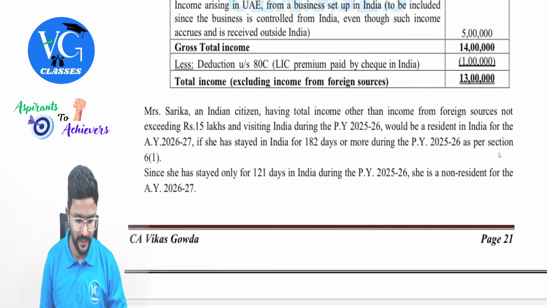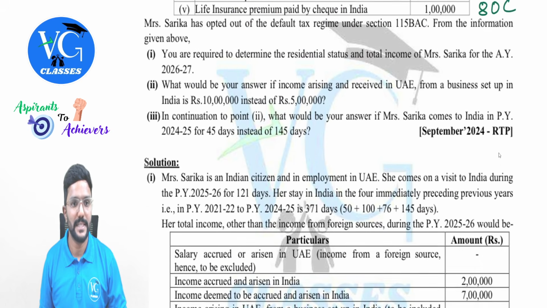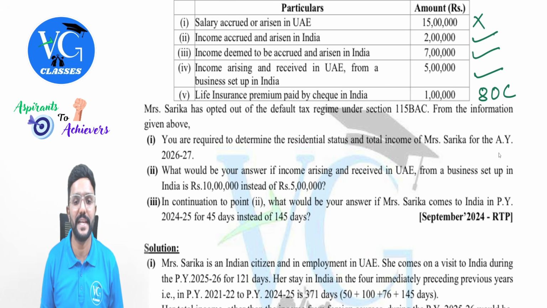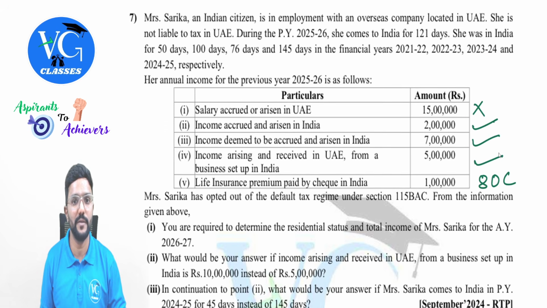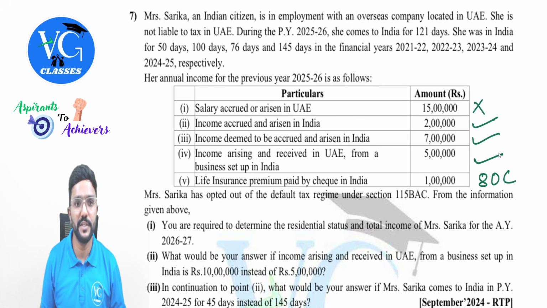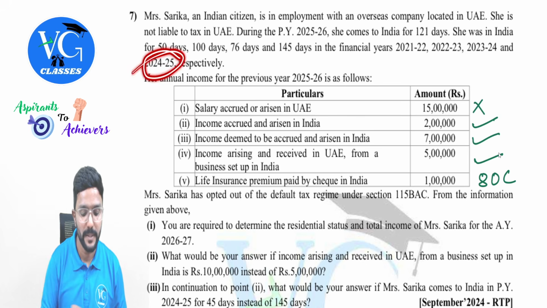Got it? Then the last point. In continuation to point 2, what would be your answer if Sarika comes to India in previous year 24-25 for only 45 days instead of 145 days? Okay, she's coming to India only for, okay, that is in which year? 24-25.